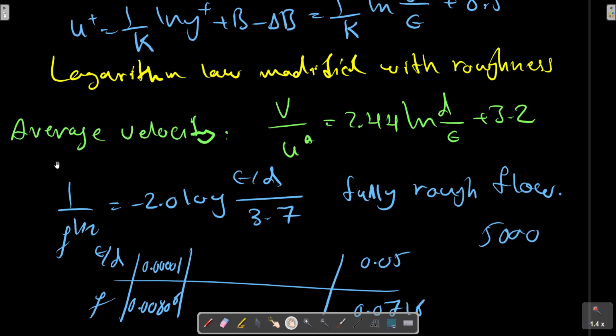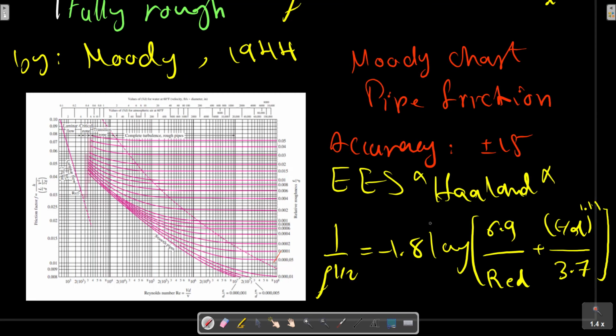Let me provide the relation, this relation. And our new relation is a 2% change in the formulation.